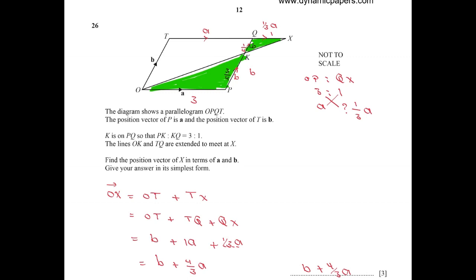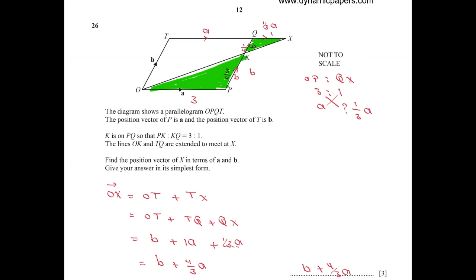To find the value of QX, you have to know that these two triangles are similar. They are similar because all angles in the smaller triangle are equal to the corresponding angles in the bigger triangle. If two triangles are similar, they will have the same ratio.